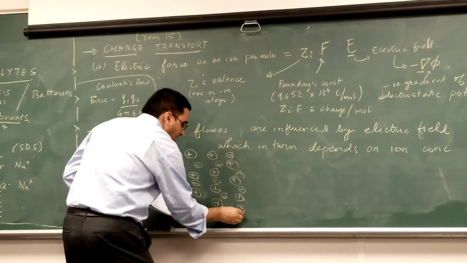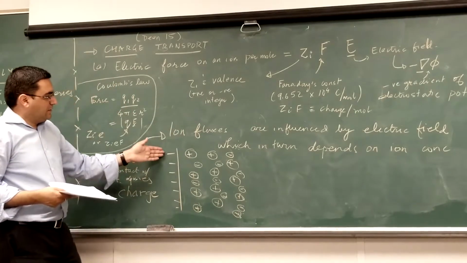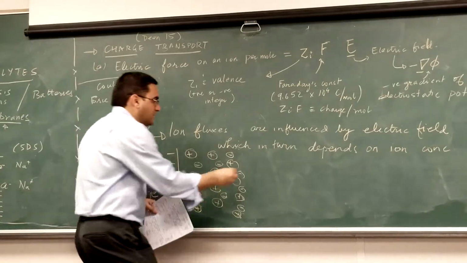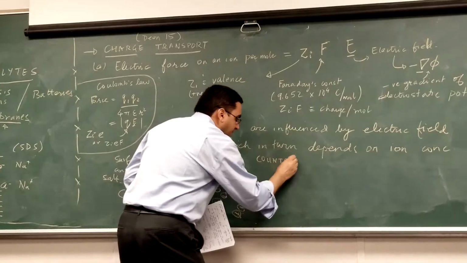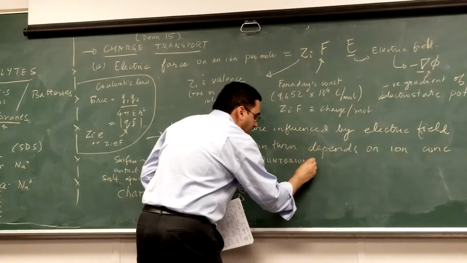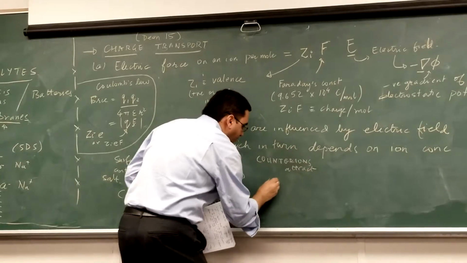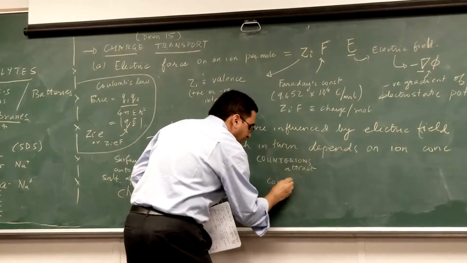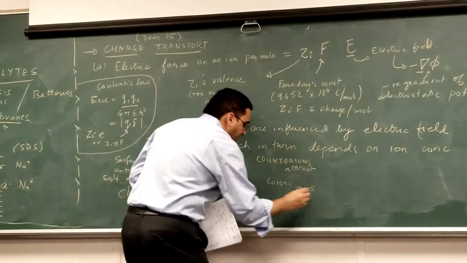If I have to draw this well, then I have to understand that there are counter ions that are attracted to the surface, and there are co-ions, similarly charged ions, that are repelled by the surface.